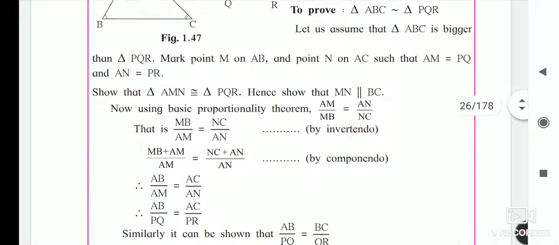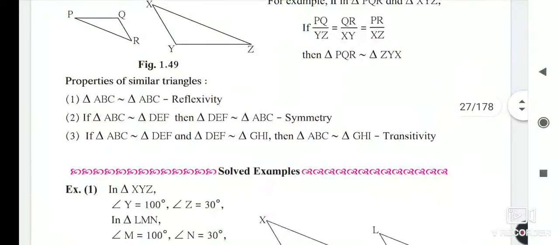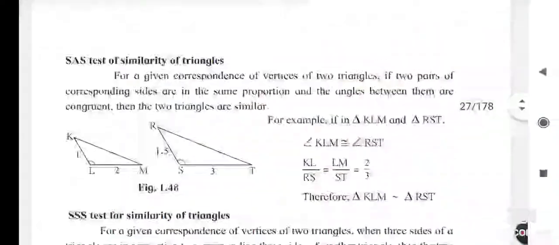So we saw the AA test, the SAS test, and the SSS test of similarity.